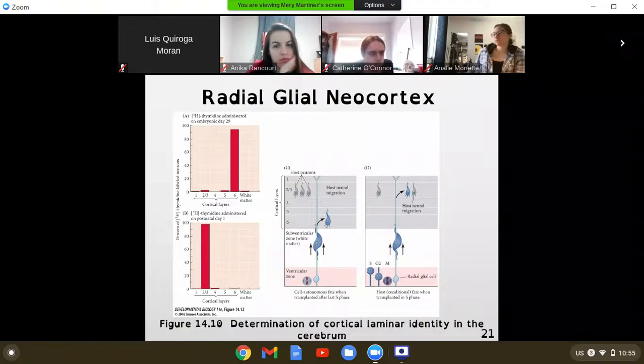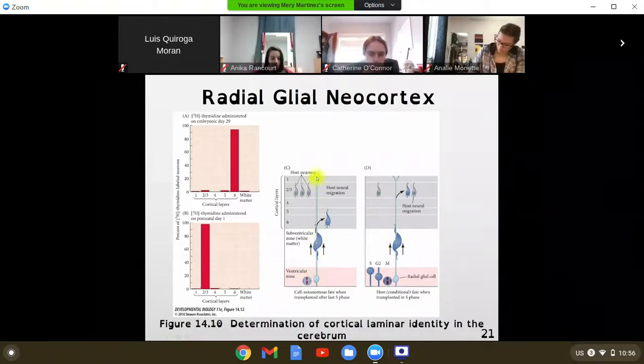I don't know why some people like to stand at the front, and then you need to open your way to the back that is empty. So this is what they do. The cells that are born early remain closest to the ventricular zone. The cells that are born later need to move to the different zones at the back.